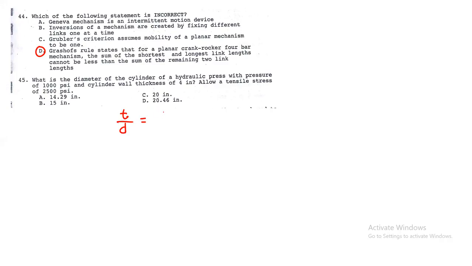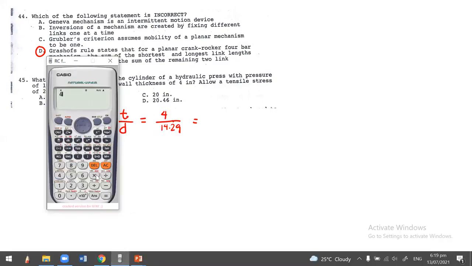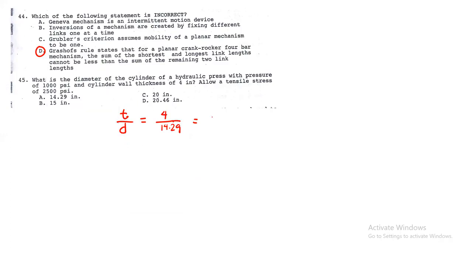Our thickness is 4 inches. For the diameter, let's assume from any of the choices. Assume 14.29. So, 4 divided by 14.29 gives 0.28.